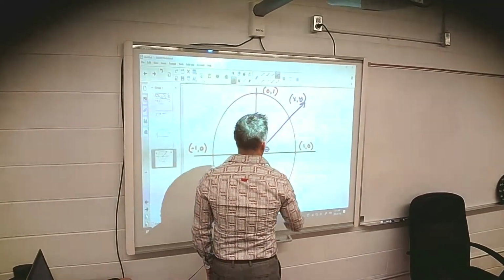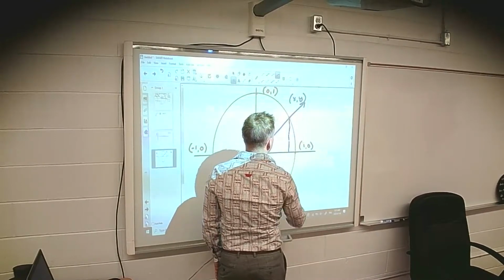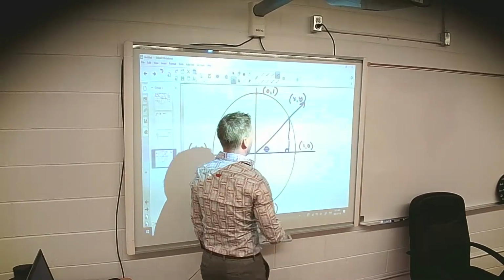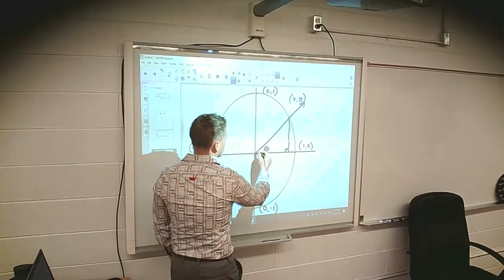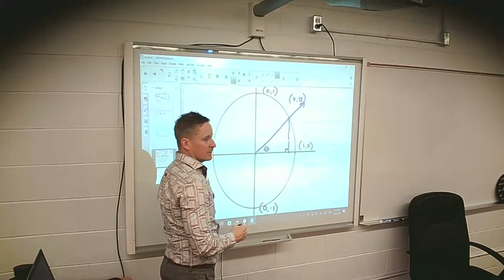So I'm going to use some trigonometry here. I'm going to draw this down like this, and I'm going to create a right angle. Okay. What is the distance from this spot right here to that spot right there?